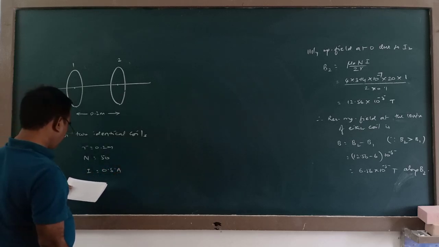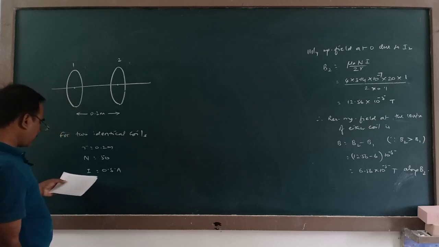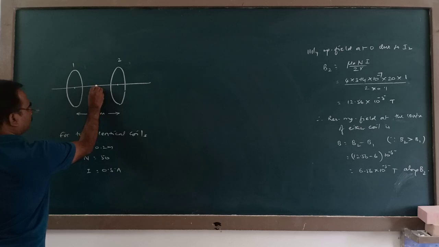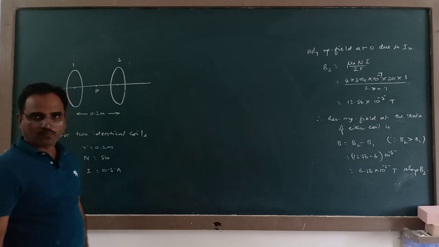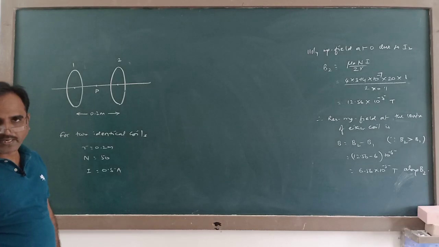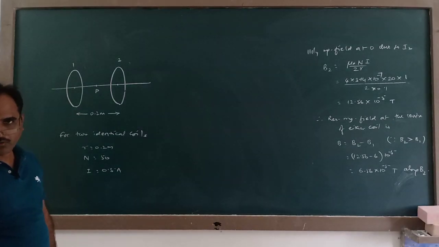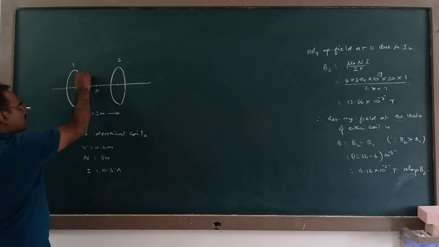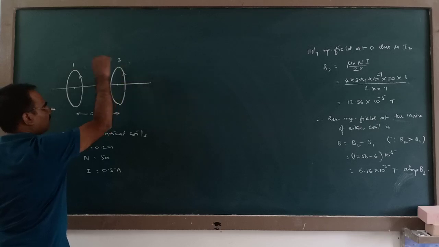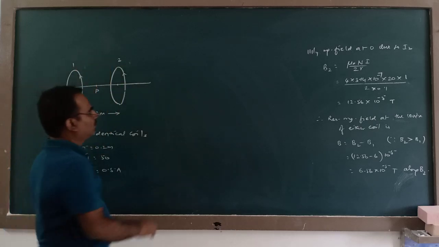You are asked to find the resultant magnetic field at the midpoint between them here at P. You are asked to find the resultant magnetic field at the midpoint on the line joining the two coils on its axis when the currents are in the same direction and when the currents are in opposite direction.